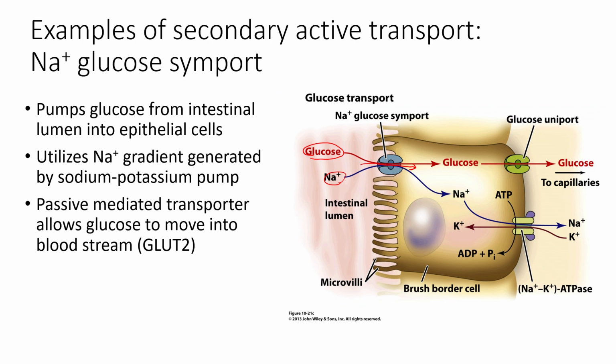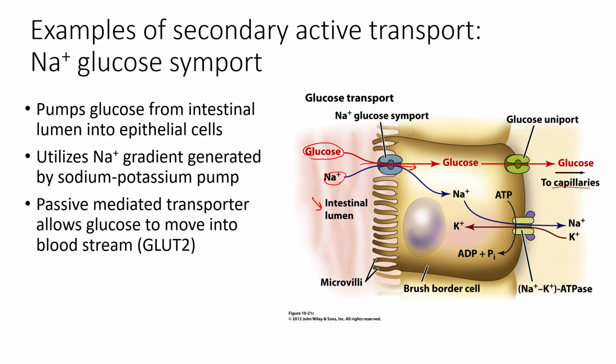For example, after you eat a meal, some of the nutrients, including glucose, are going to be hanging out in your intestinal lumen, part of your GI tract. And you're going to need to take up nutrients like glucose into those epithelial cells that line your intestines, where they can ultimately be sent to the bloodstream and to other tissues where they can be broken down and used for energy. And so the way we bring glucose into these epithelial cells is through secondary active transport, or symport.